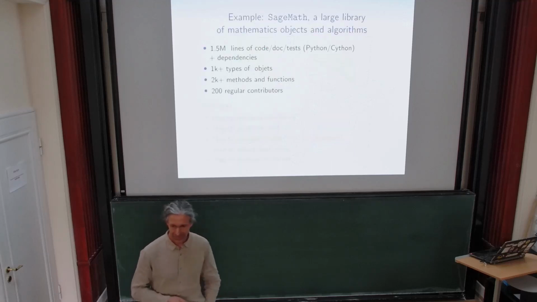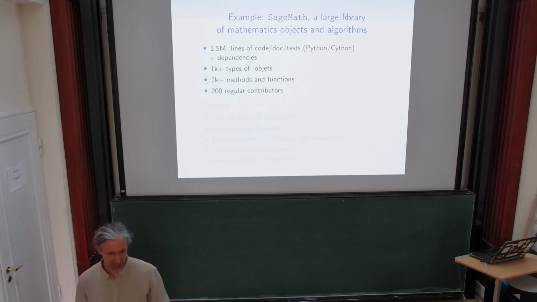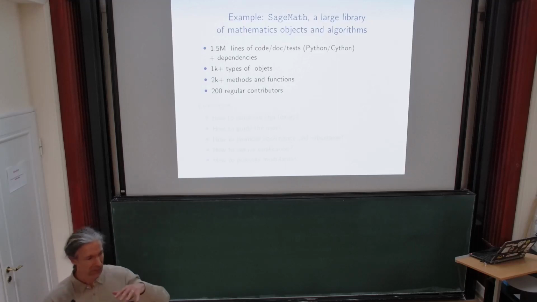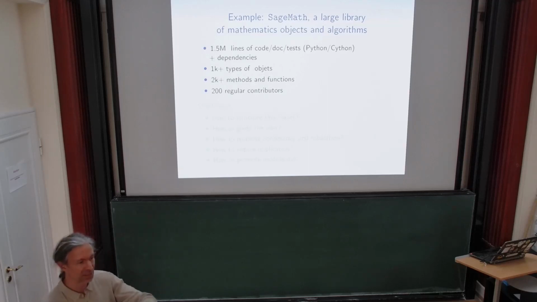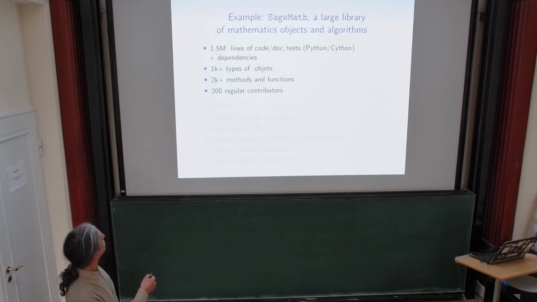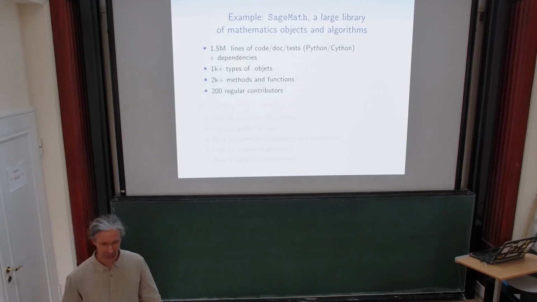So, if we take SageMath as an example, to have an idea of the scale, it's about 1.5 million lines of code, just Sage, plus yesterday it was mentioned that computer algebra systems are often around 10 million if you count Sage and everything that is below. And we have about 1,000 different types of objects, maybe 2,000 methods and functions, and hundreds of contributors.